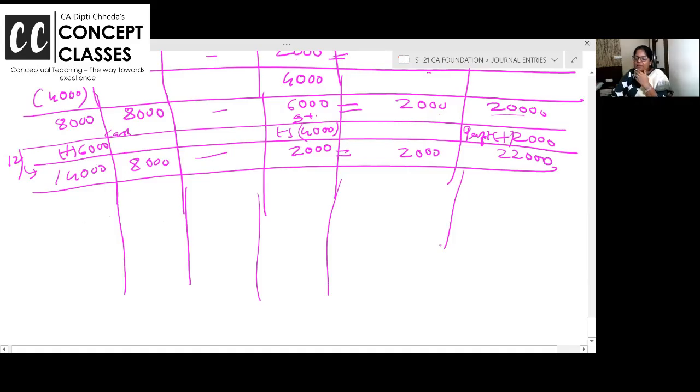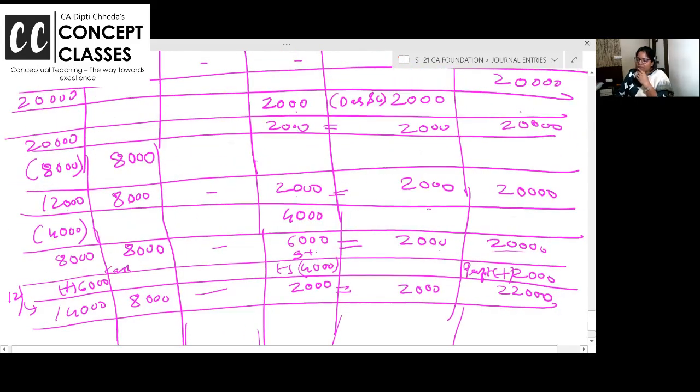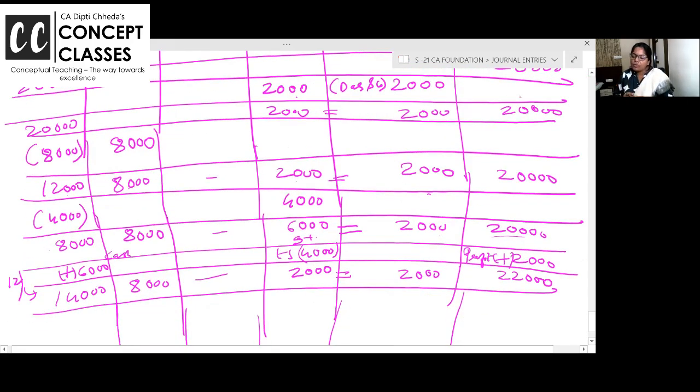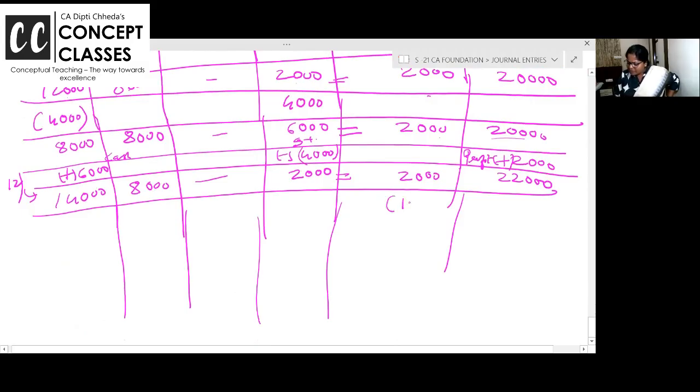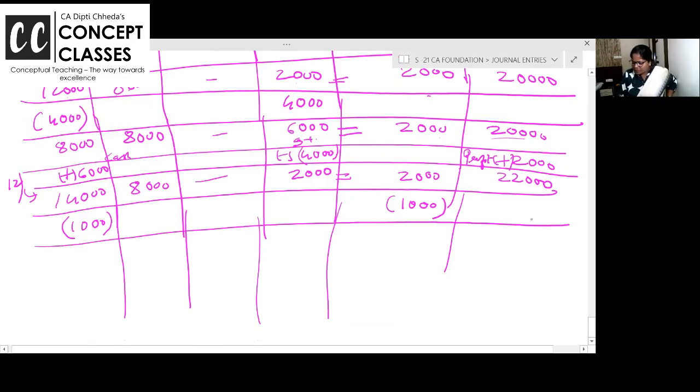Chalo, next. Paid to Das and Co. You had purchased goods from Das and Co., the stock you received and the liability. Now you have paid to Das and Co. 1,000 cash. So is the liability reducing by 1,000? Reduce the liability by 1,000 and reduce cash by 1,000.